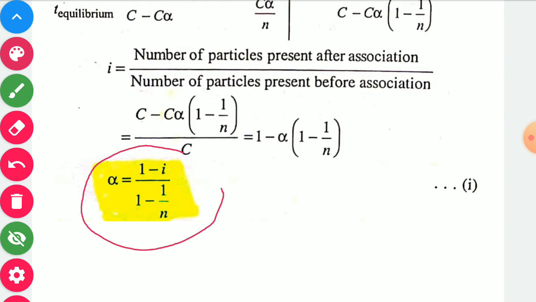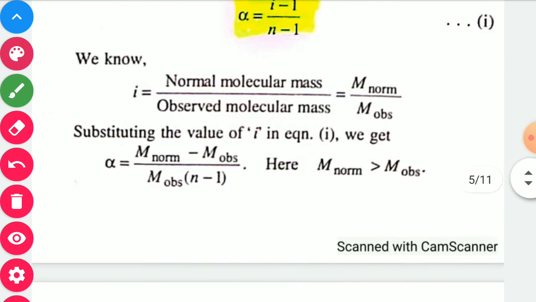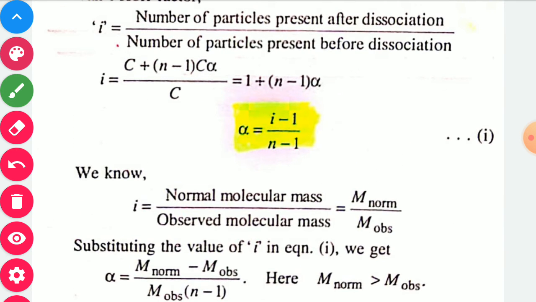So if the association of solute particles takes place in the solution, at that time degree of association alpha is equal to 1 minus i upon 1 minus 1 upon n. But if dissociation of solute takes place in the solution, at that time degree of dissociation alpha is equal to i minus 1 upon n minus 1.